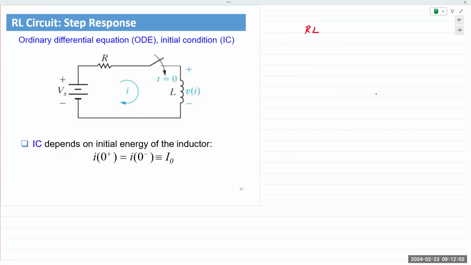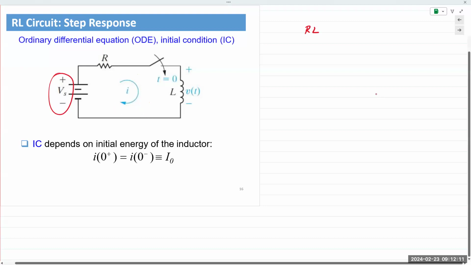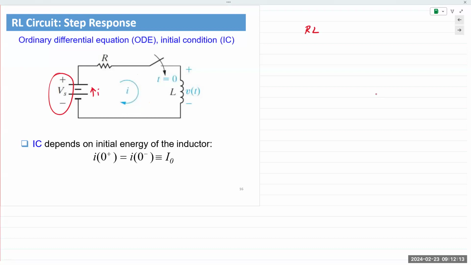and we're applying a voltage source Vs, which causes a current I to flow through that circuit. Because it's a series connection, the current I is the same for all components. So I flows through the voltage source, also flows through the resistor R, and the inductor current is also I. Now, when we do this analysis, we want to derive an equation for I of t or IL of t.